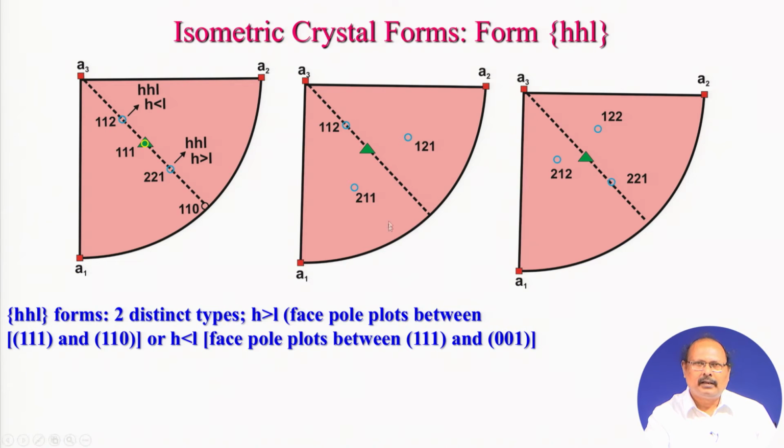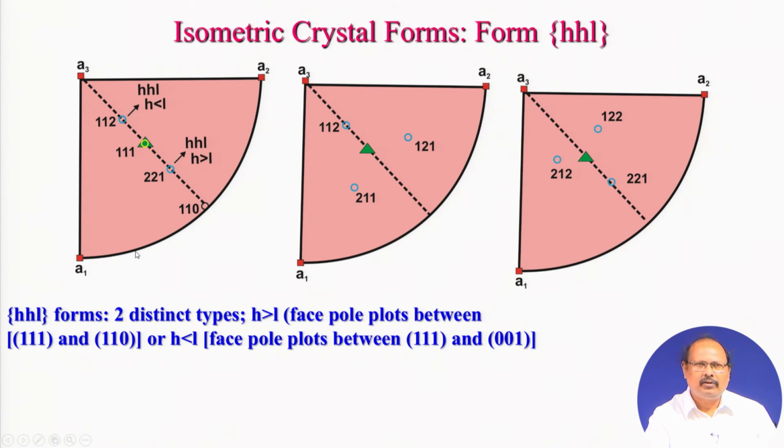Let us consider the symbol of this form is HHL, that means along A1 and A2 the intercepts are the same. Now, depending on the value of H and L, you can have 2 situations here, one in which H is greater than L and the other in which H is less than L.